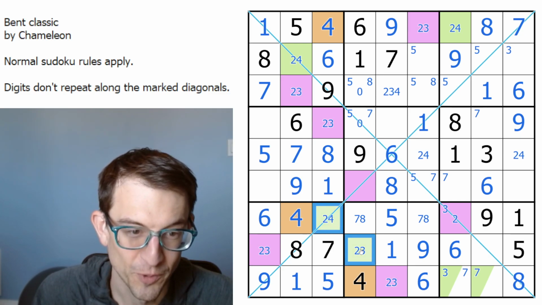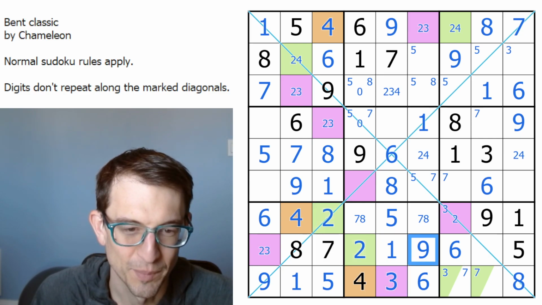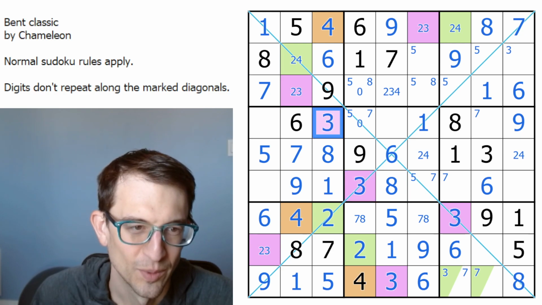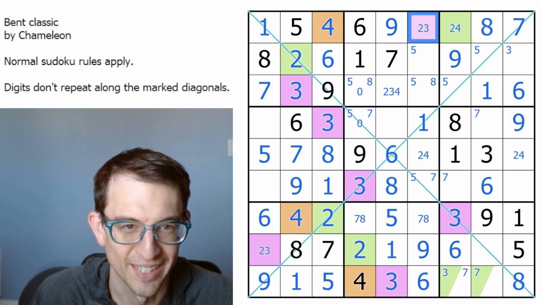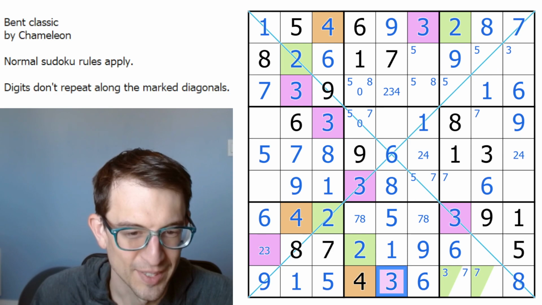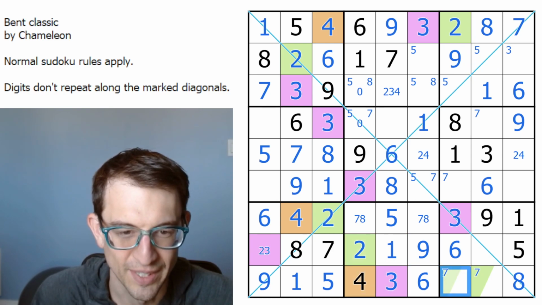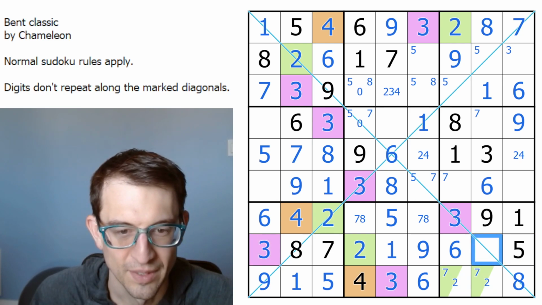And green is either 2 or 4, or 2 and it's 2 or 3. So green is 2, and purple is 3. I'm not sure. Yeah, I'm really liking this puzzle. That's not 3. It's a 2, 7 pair. This is 4.